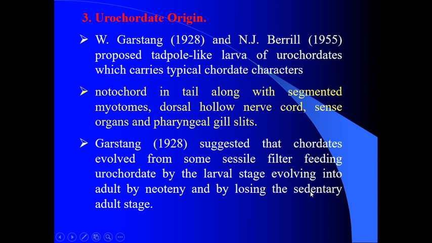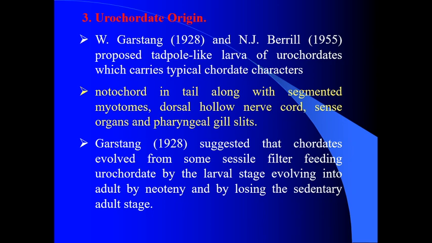Now the third one is the Urochordate origin. The scientists Garstang and Berrill proposed that the tadpole-like larvae of the Urochordates have the same characters as chordates. The notochord in the tail along with segmented myotomes and dorsal nerve cord is also present in this larva, and there is development of the pharyngeal gill slit.